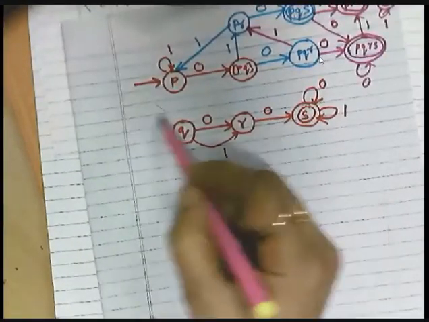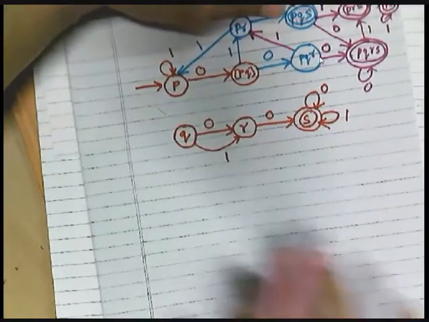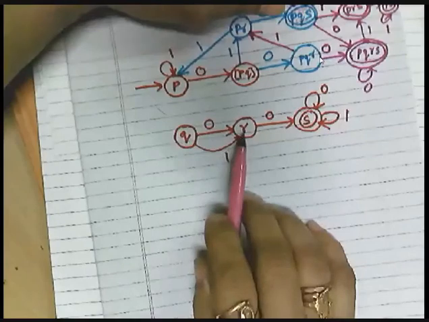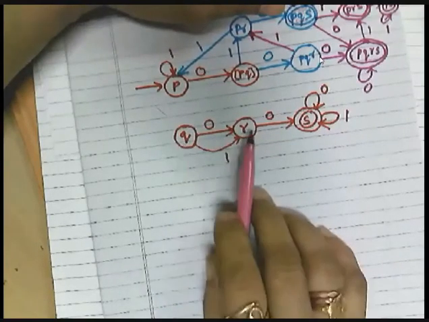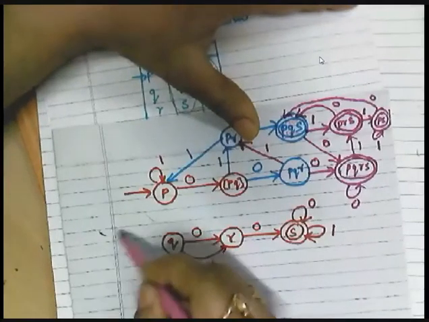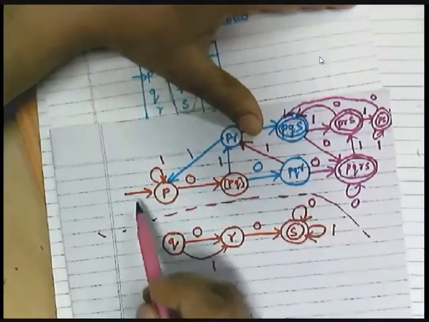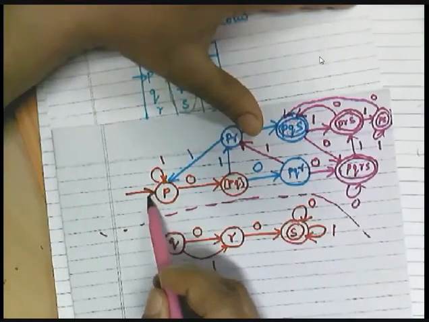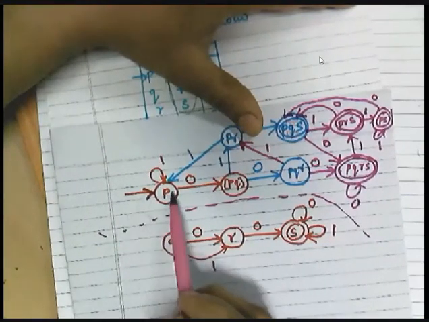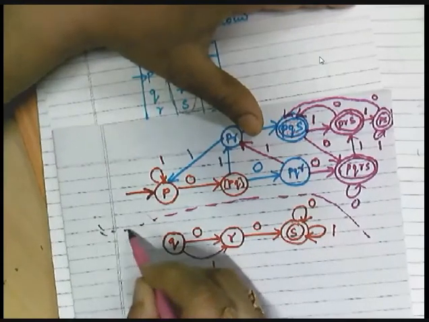You can easily see this part is totally disconnected. States 2, 3 and 4 do not have any transition from the initial state to these 3 states. So easily we can cut these down.